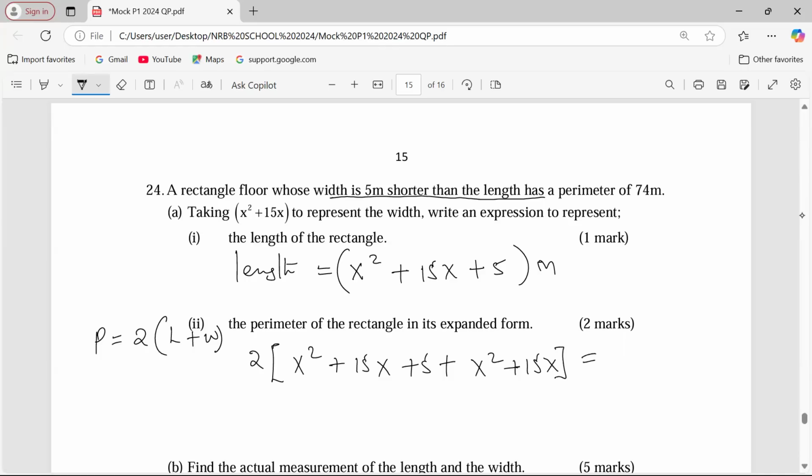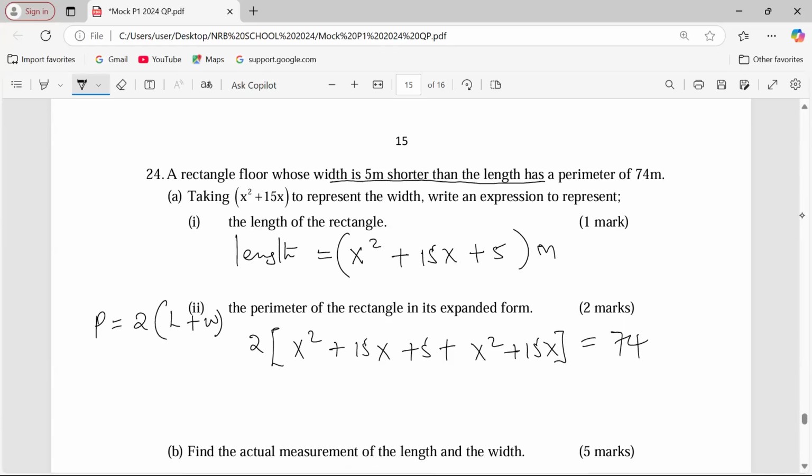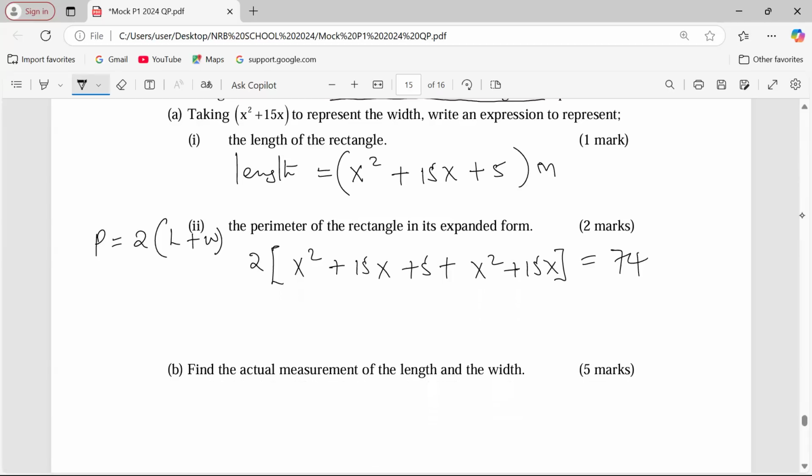This will give us the perimeter of 74 that way. So I can now divide by 2 and by 2. This is now 37. Then I group terms.